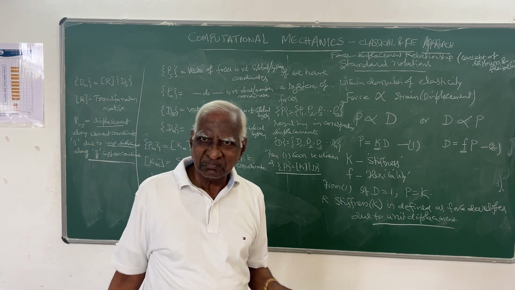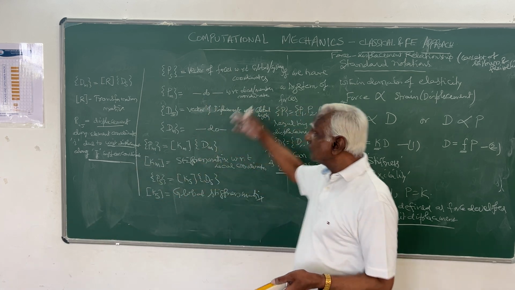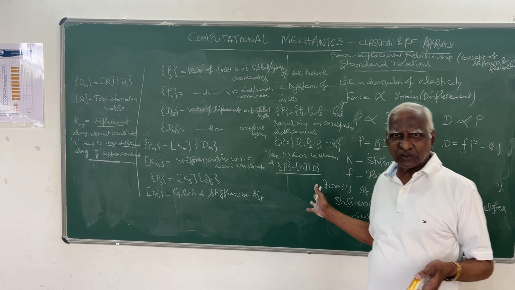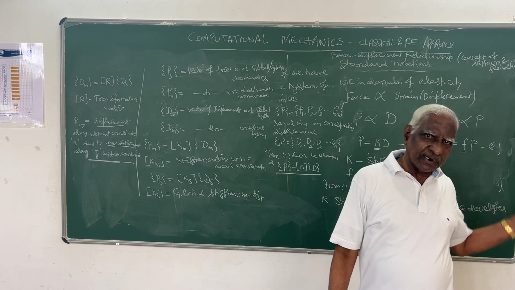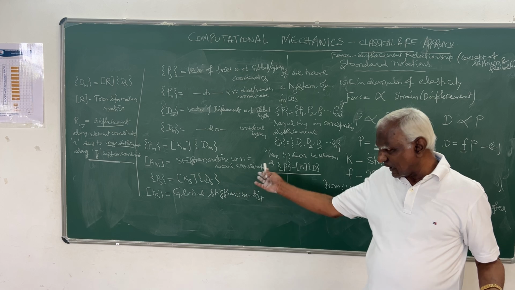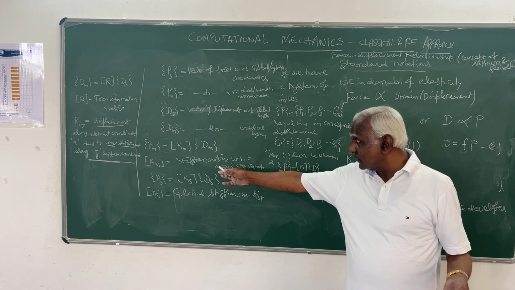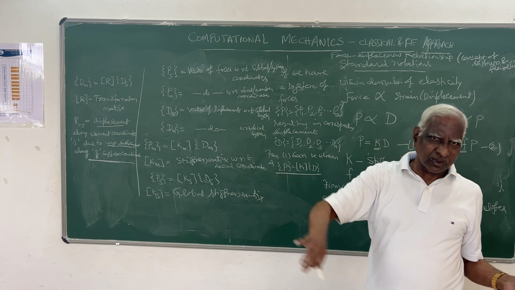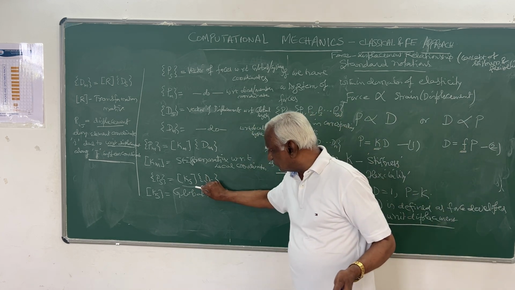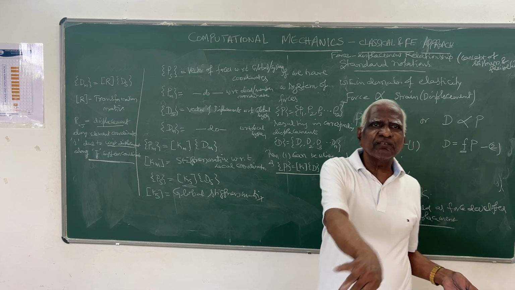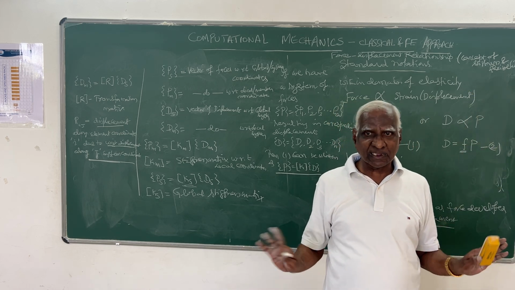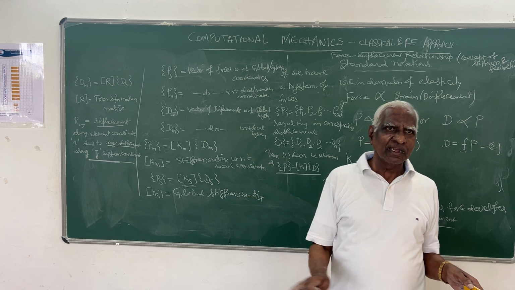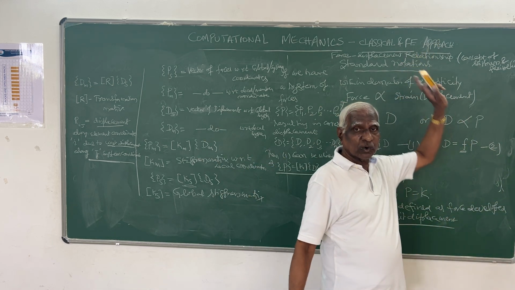After explaining the basic concepts of the finite element approach, similar to this classical approach, I will explain the same thing. We have to arrive at the same matrices and perform the matrix operations. Only the generation of Ks is by a different approach, the finite element approach, nothing other than that. Either Ks or Km, we have to generate by the finite element approach.